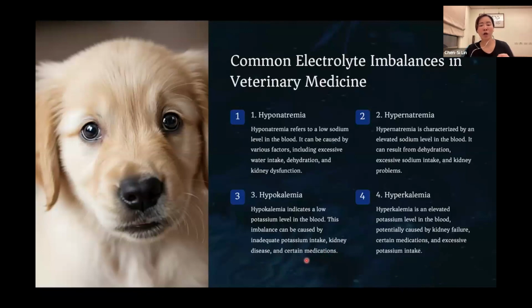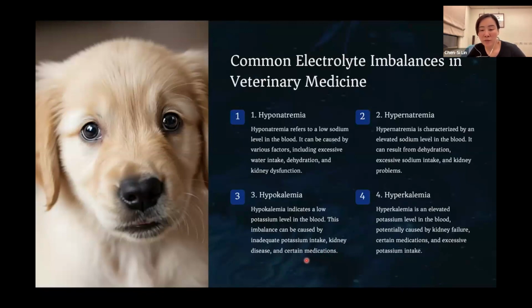So we need to know from the owners whether the animal is currently under some kind of treatment, because some specific drug treatments will result in hypokalemia.